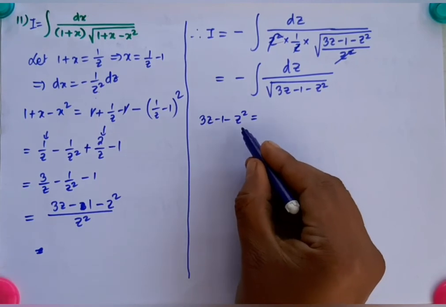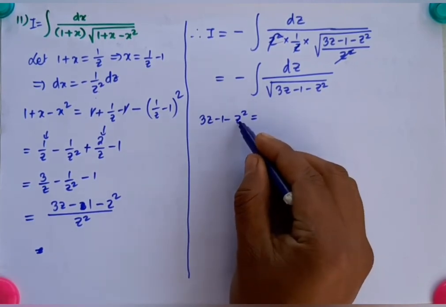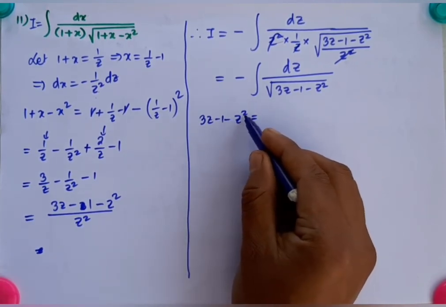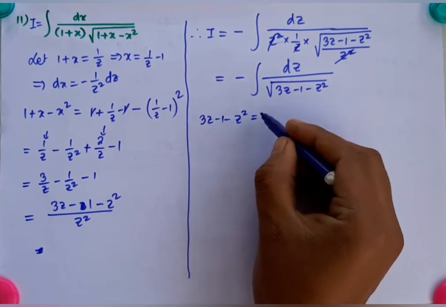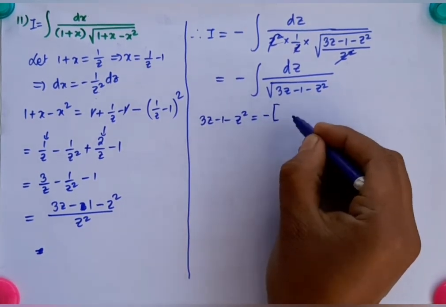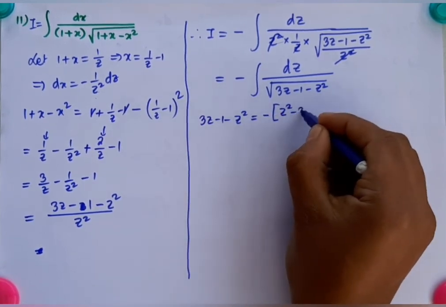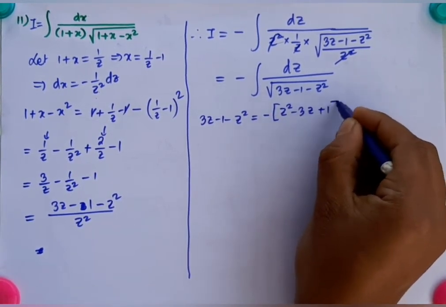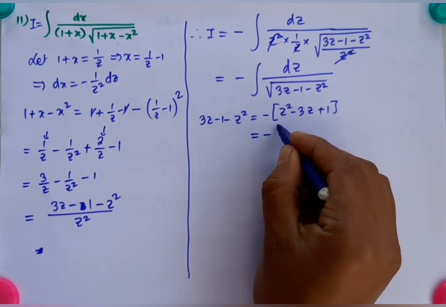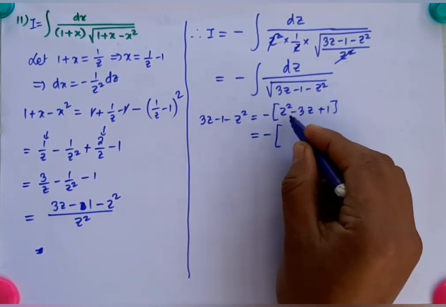The first rule is to keep the coefficient of z square, the highest power, as positive. So we have got minus here, and minus will be kept common. So this becomes z square minus 3z plus 1.